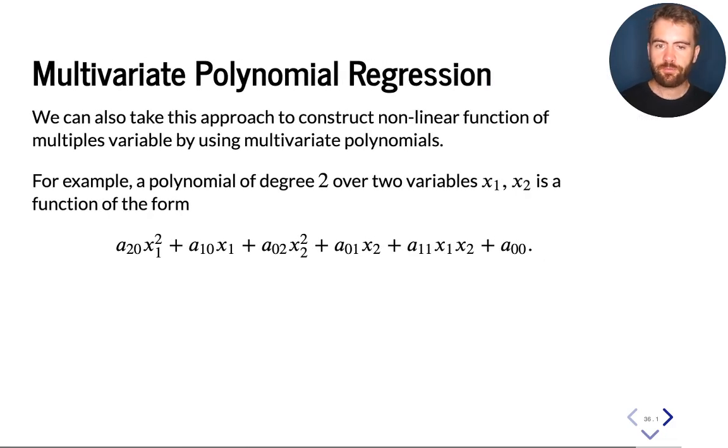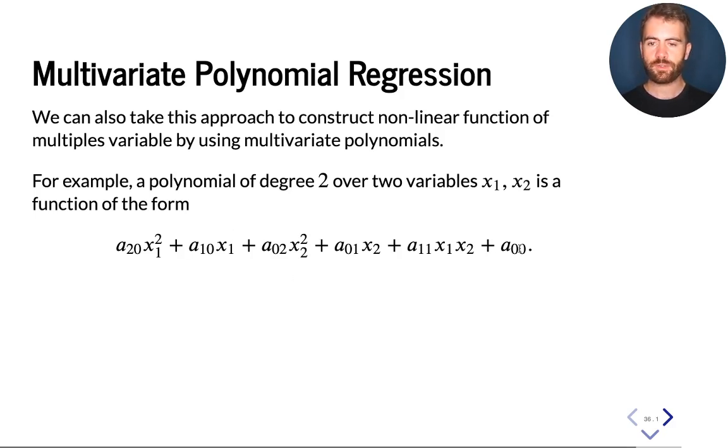Now, so far I defined polynomial features only for a one-dimensional variable, which was only BMI, but the same approach can extend to polynomials of any dimension. For example, here this is the general form of a polynomial of degree 2.